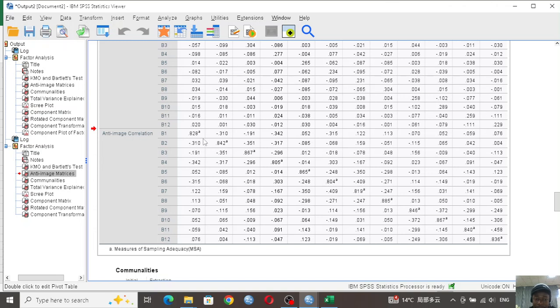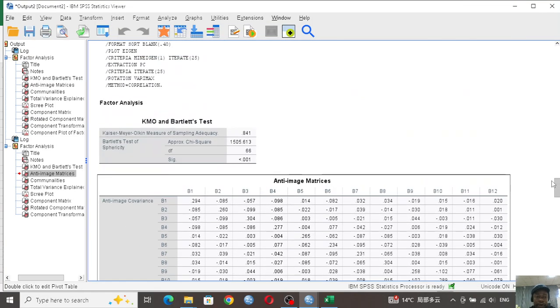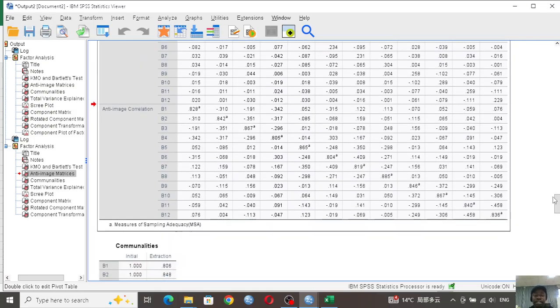But with this one, they all have a strong relation to the group, and therefore each and every one is enough to be included for factor analysis. And then we call it measure of sampling adequacy. So this one, the KMO, is the overall. This one is taking into consideration the individual.